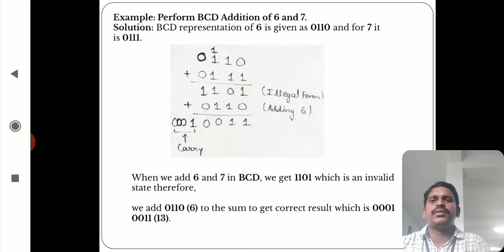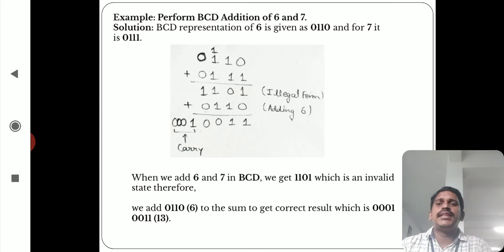Adding 1101 and 0110: 1 plus 0 equals 1, 0 plus 1 equals 1, 1 plus 1 produces a carry, hence 0 with carry 1. The carry is added to the fourth bit, and 1 plus 0 plus 1 equals 0 with carry 1, and again a fourth-bit carry occurs. So this is BCD addition.